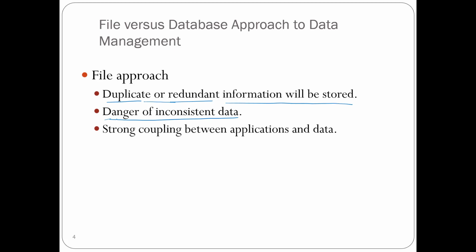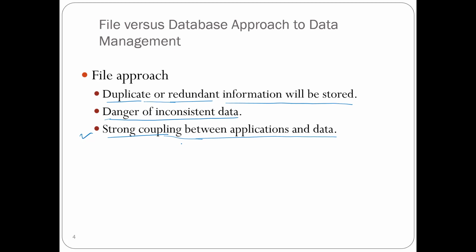That is data inconsistency. Now, this point I was referring to in the previous picture when I said that the data definition resides in the application. So the same thing can be phrased this way. Here we are saying that we have a strong coupling between the application and the data. What does it mean?